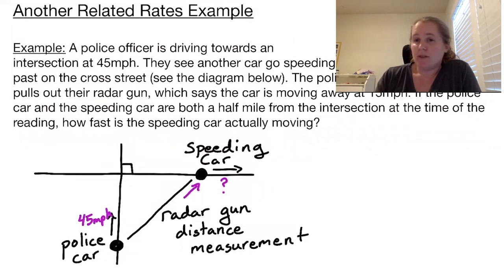I'm going to label my variables this time since there's not an obvious volume and radius variable.